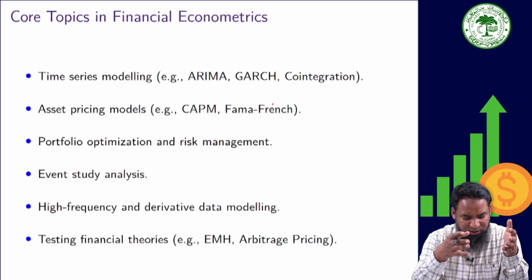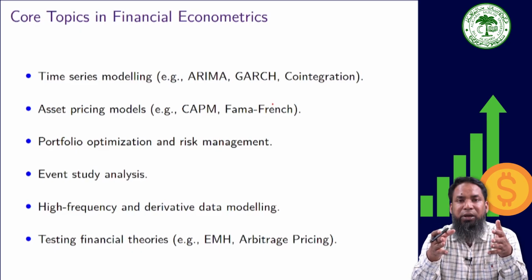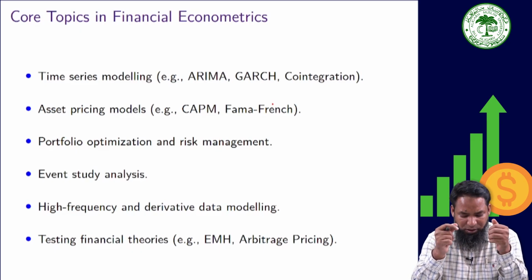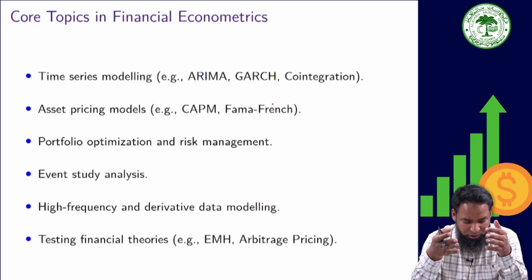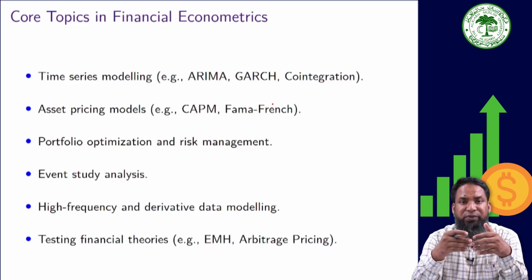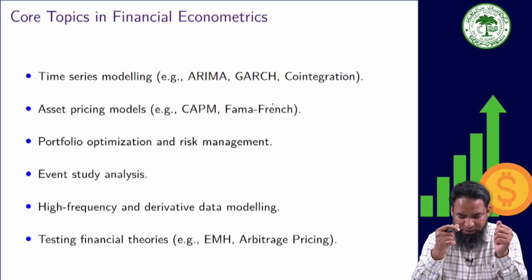Then we also discuss high frequency and derivative data modeling. For example, we use the Black-Scholes derivative pricing formula, and realized volatility models, which are based on high frequency data. We also test different financial theories in financial econometrics.